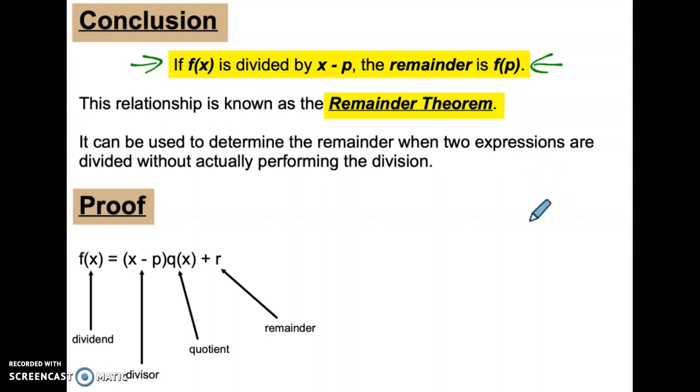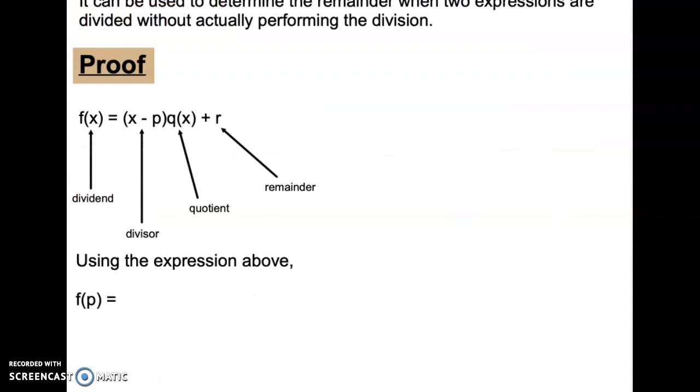For the proof of this, all we need to do is take this general form, right? Dividend f at x equals our divisor x minus p times some quotient q of x plus some remainder r.